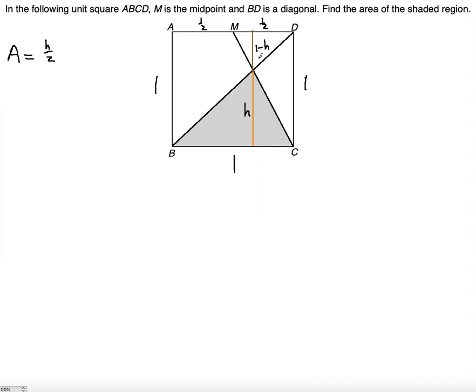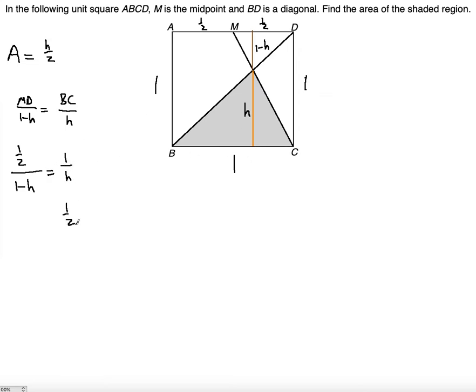So now, since the two triangles are similar, you can use proportion. In other words, you're going to say MD over this height, 1 minus h, is equal to BC over h. Transcribing this to numbers, we get 1/2 over 1 minus h is equal to 1 over h.